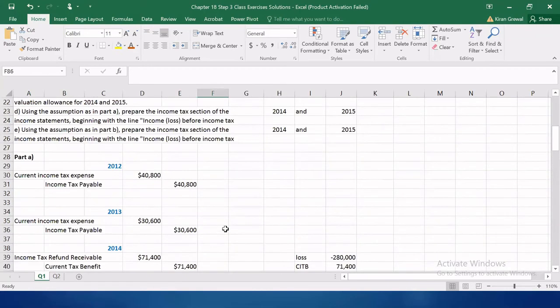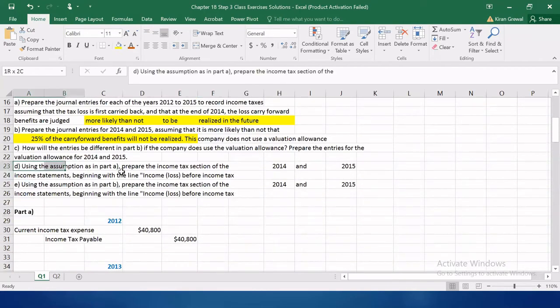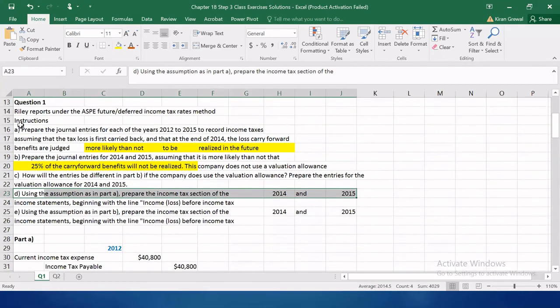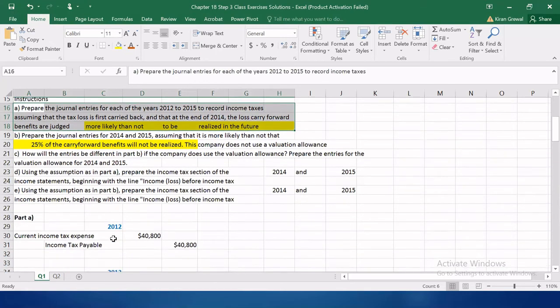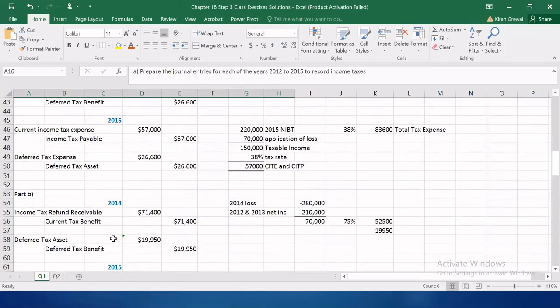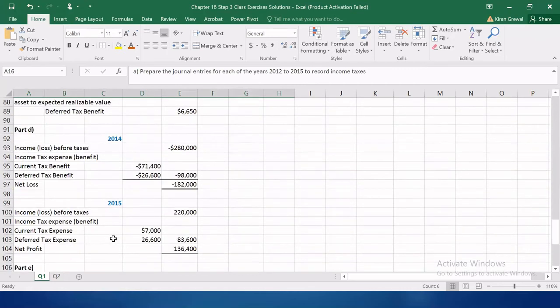All right, and then part D says, using the assumption in part A, prepare the income statement sections for 2014 and 2015. Okay, so part A said that we were allowed to record 100% of the benefit of the loss. So let's see what the income statement presentation is like. So we had net income before tax for 2014 of a loss of 280,000.